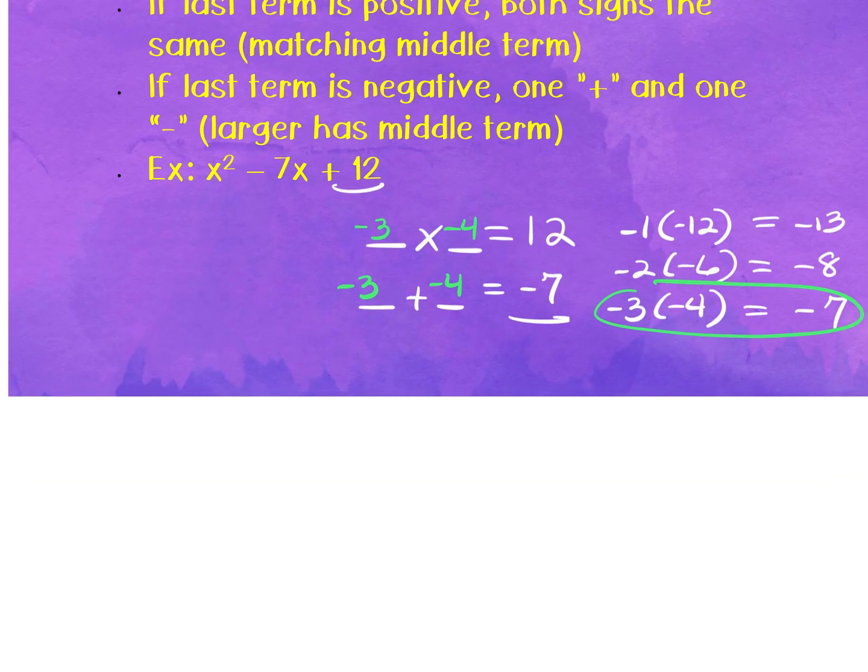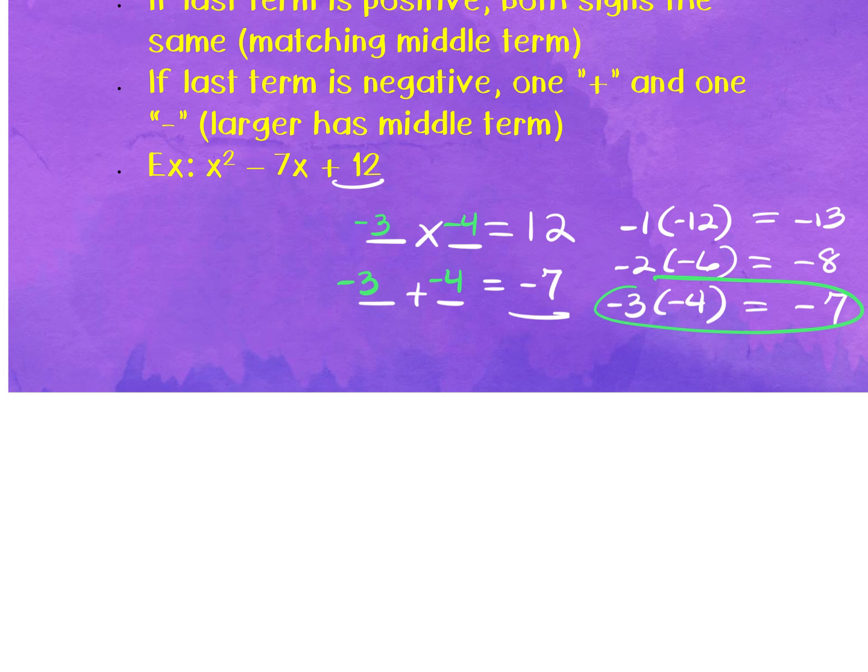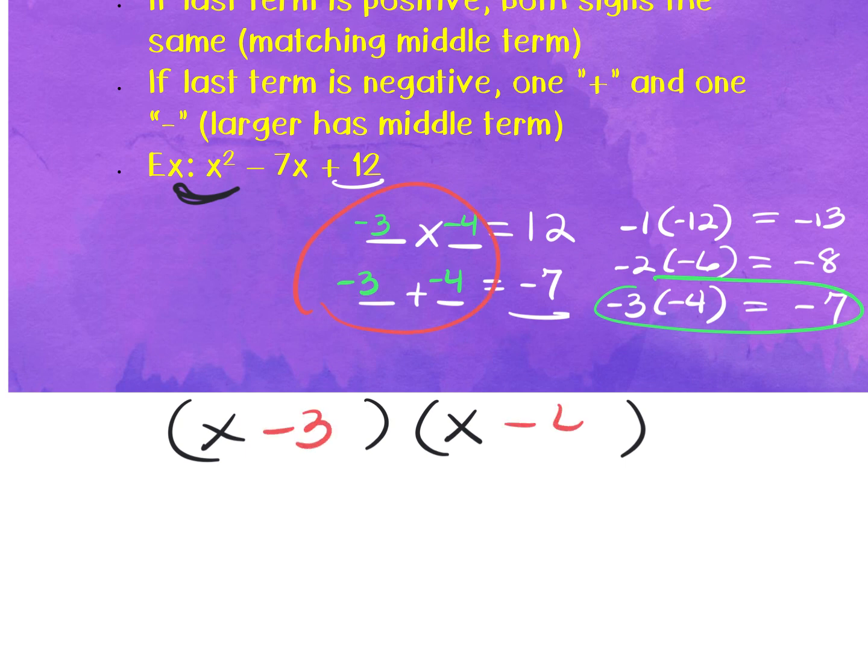So my two factors now go into my binomials. The first terms are the factors of x squared, which are x and x, and then in the next spot are the -3 and the -4.